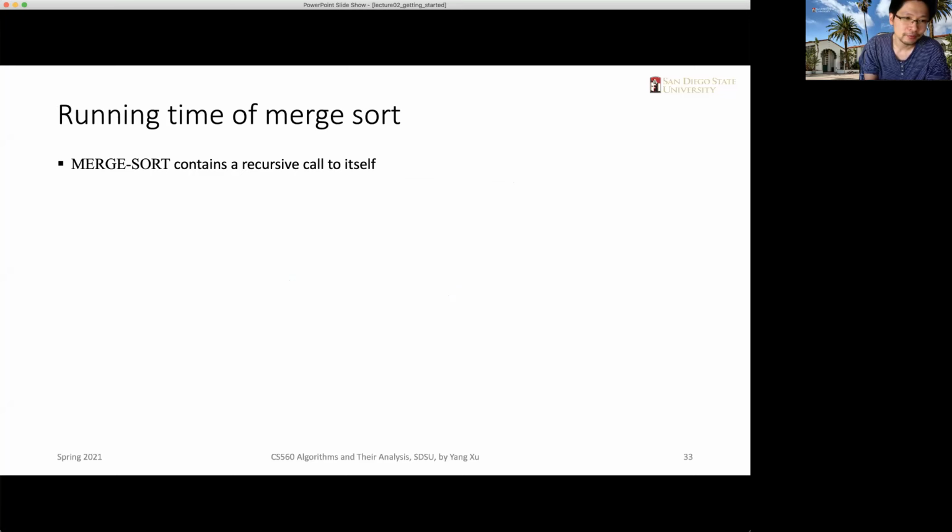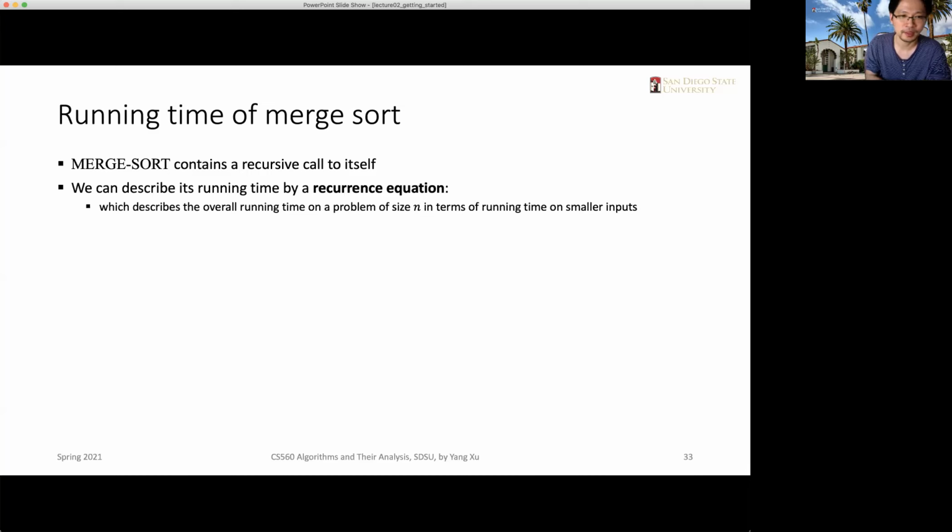The merge sort contains a recursive call to itself, so it's not a regular type of mathematical equation that we can easily write into an analytical mathematical expression, right? So we can basically only describe it by a recurrence equation. It's not an analytical solution yet.